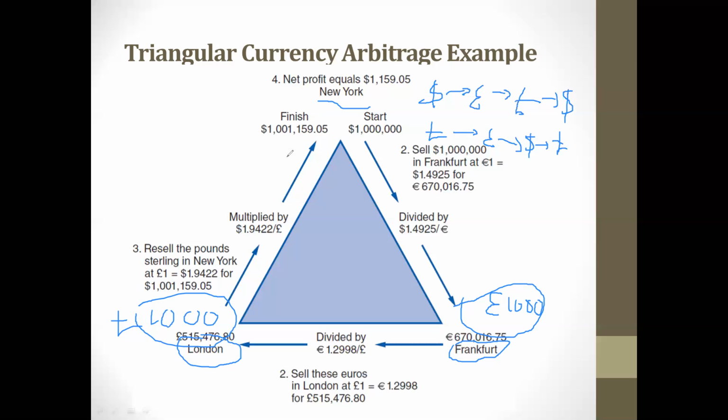Make sure that you consider your currency exchanges based on the given exchange rates, right? Or you can start it with euro and go with dollar, and euro into pound and pound into euro, something like that, right?